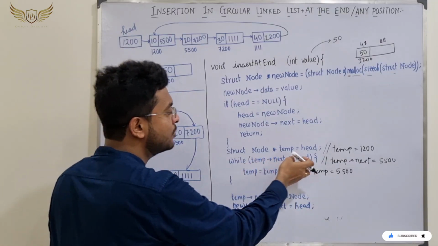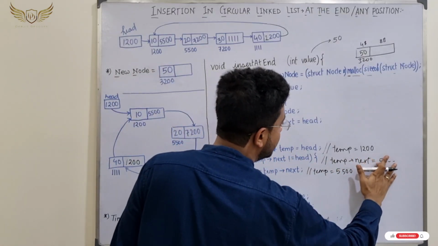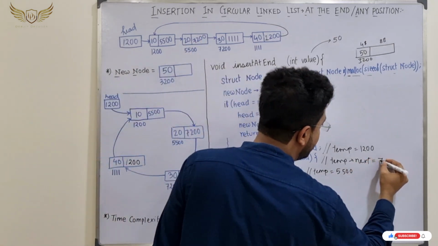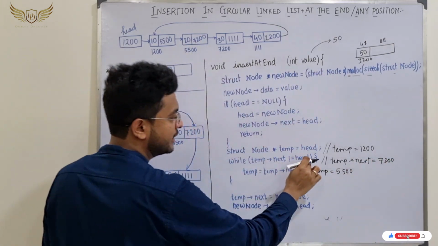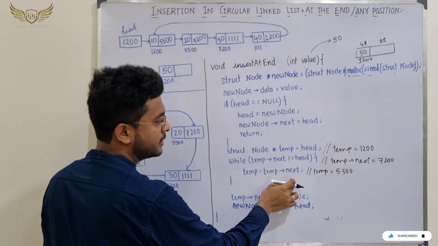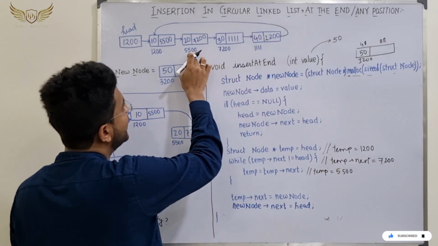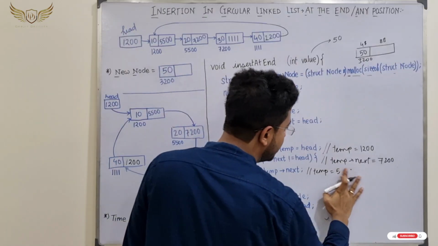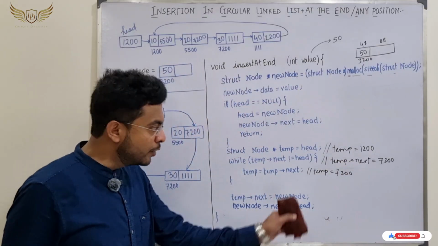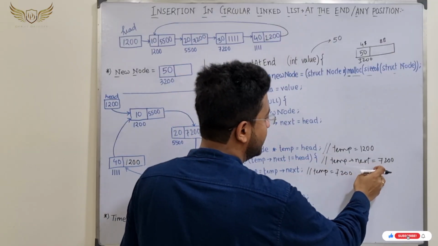Now temp arrow next not equal to head. So what is temp arrow next? Go to 5500 and see the next part. So it is 7200. Again, this condition is satisfied because head is 1200. So it comes here. Temp equals temp arrow next. What was temp? 5500. Go to 5500, take the next part. So it becomes 7200. Now again it goes back. Temp arrow next not equal to head. So what is temp arrow next?